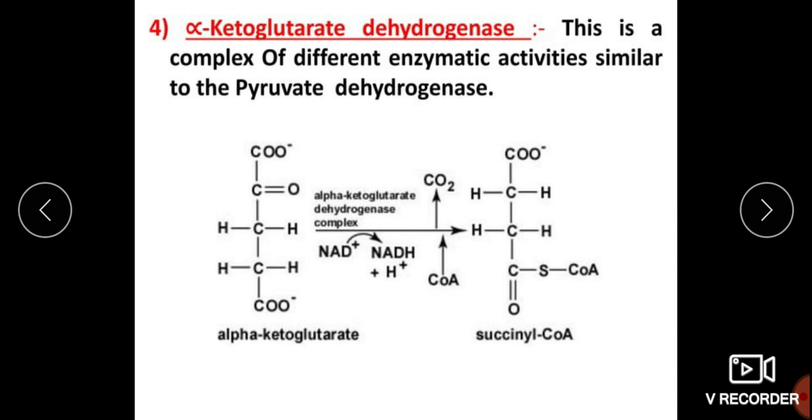This enzyme catalyzes the oxidative decarboxylation of alpha ketoglutarate, and because of this, it gets converted into succinyl coenzyme A. This enzyme plays a different enzymatic role. It adds a coenzyme A to the alpha ketoglutarate and removes a hydrogen from it. So NAD gets converted into NADH.